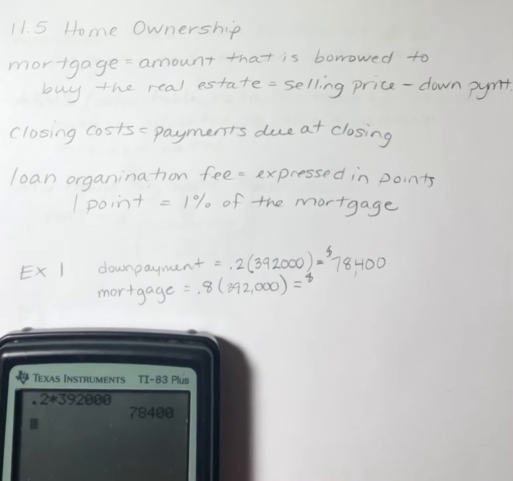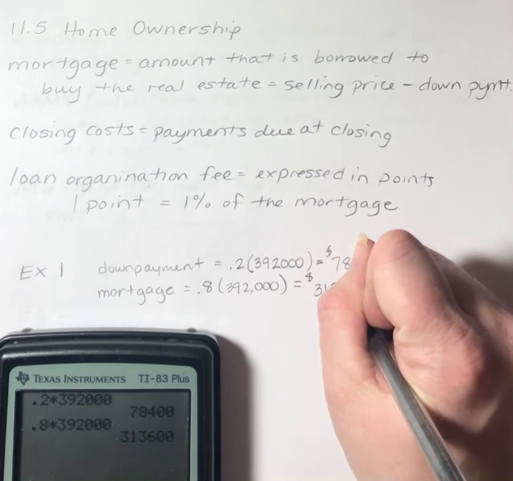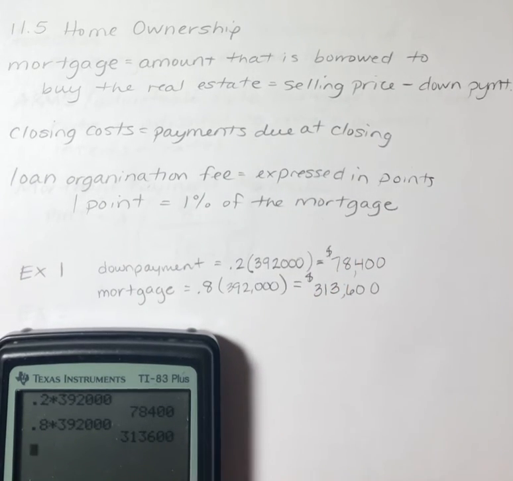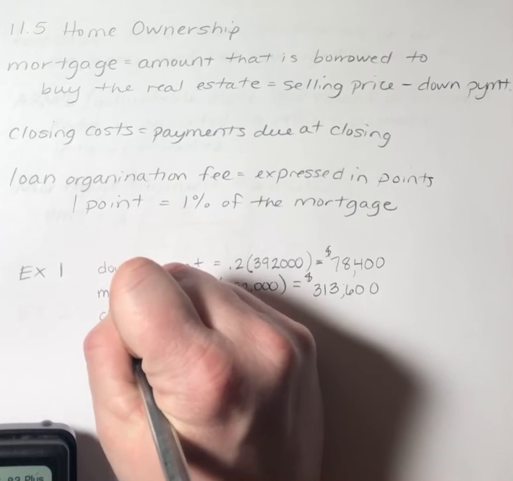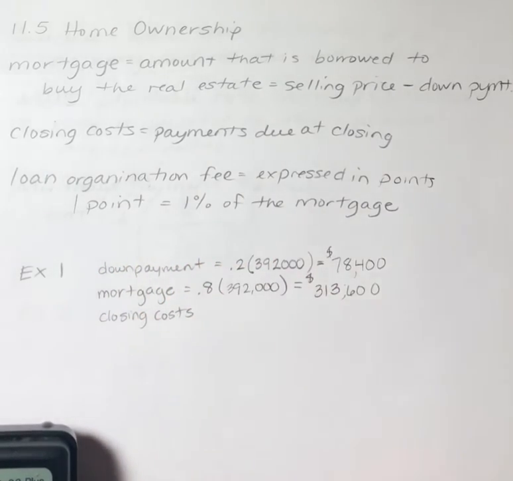So I take 80% of the $392,000. So I have to take a loan out for $313,600. Now, my closing costs. They told me that my closing costs were $450 in fees plus 2.5 points.